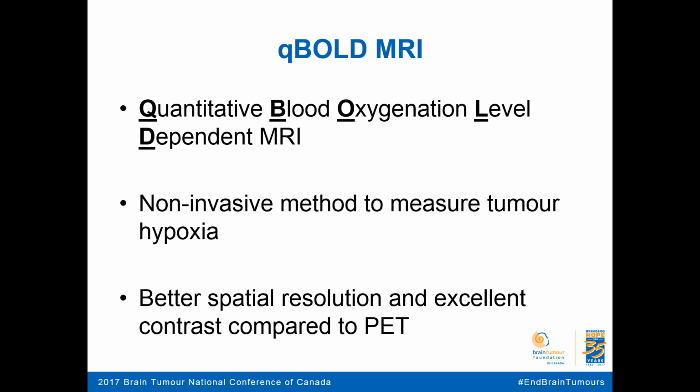So what we use, as I said, is quantitative blood oxygenation level dependent MRI to non-invasively measure oxygenation in the brain. Currently, if we want to do this, we can use PET, but there are a couple of issues with PET. Number one, PET is less accessible, it's expensive, and PET tracers that can image hypoxia are expensive and, again, not widely available at all.